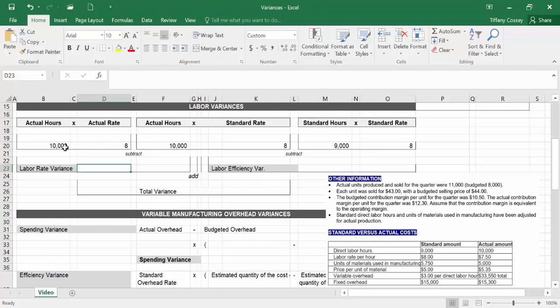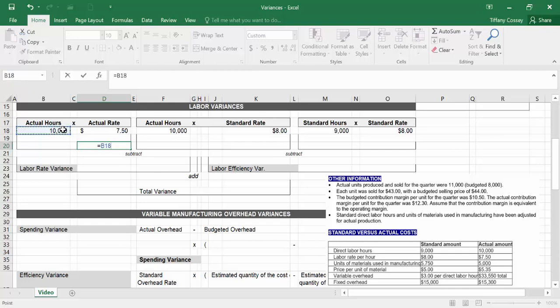So actually what I'm going to do is move these numbers up, and that will give me room to calculate these subsets. So 10,000 multiplied by $7.50, 10,000 multiplied by $8, and 9,000 multiplied by $8.